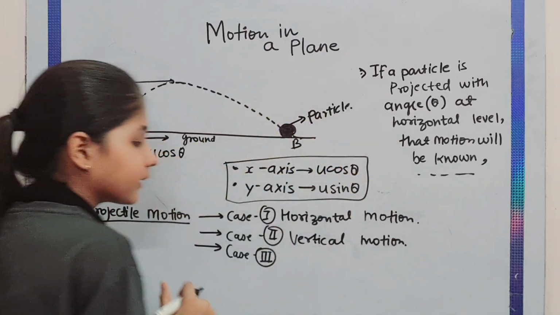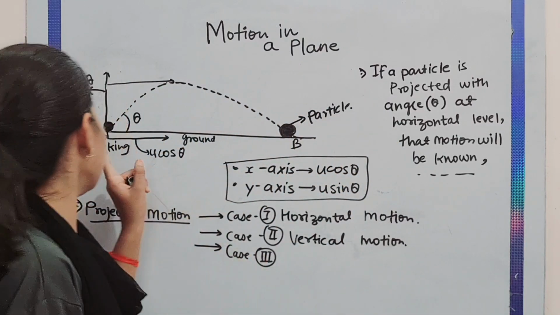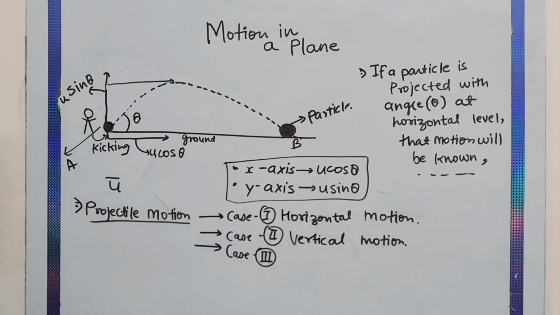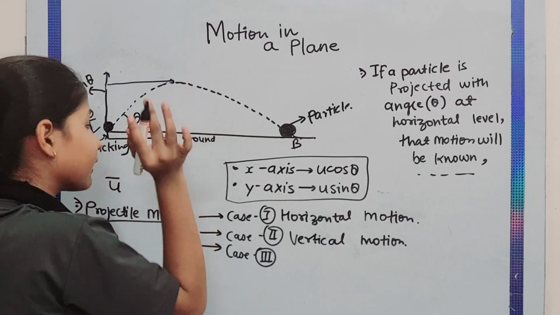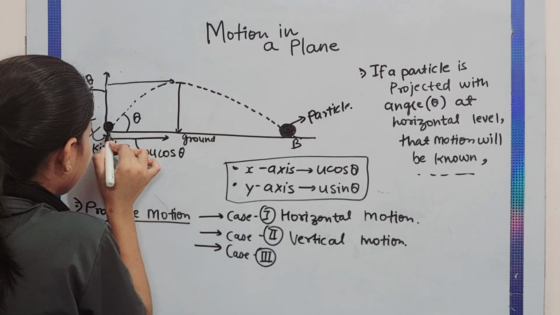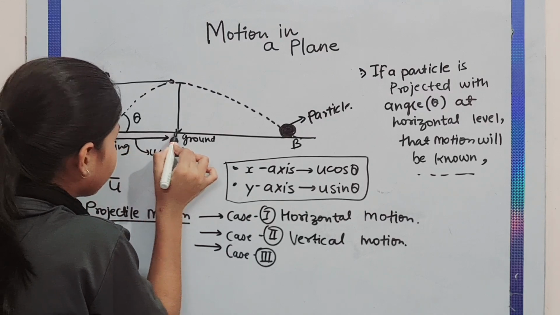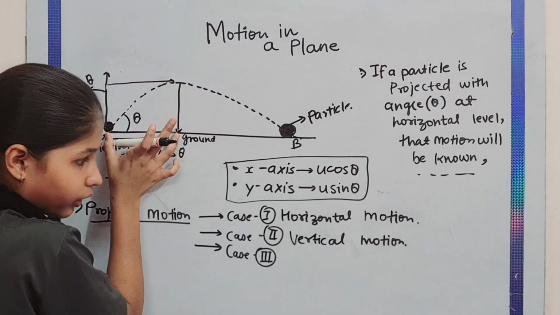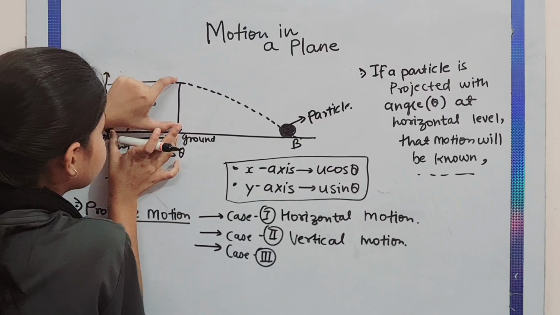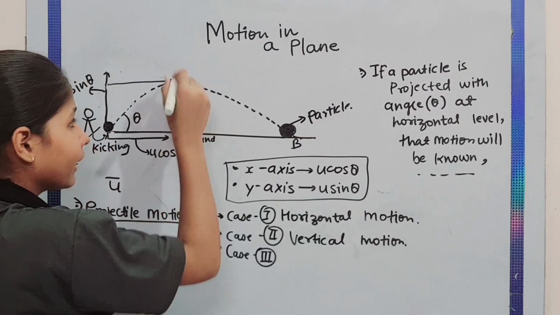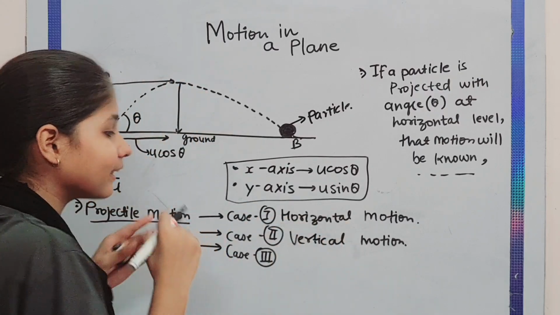And the third case that can be made from it is: what is the net displacement here? You can say, what is the net position here. If it is asking at this time, this is the horizontal motion, and the height is the vertical motion, meaning net.